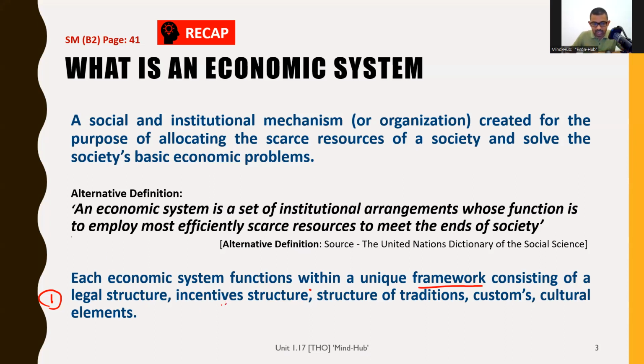What motivates us? So I'll call this number 2, incentive structure. There is a certain set of incentives, things that motivate us to make decisions, become active, give responses. How an economic system operates is based on a certain set of incentives.